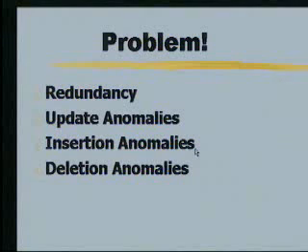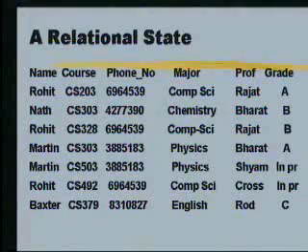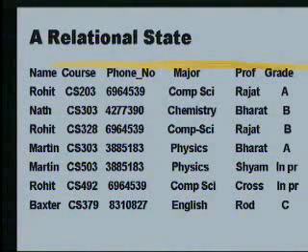Let us look into the next problem, which is insertion anomaly. What do I mean by insertion anomaly? Well, if I want to insert some information into my table, what will happen with it? Let's take an example of the same table. Let's say a course CS 500 is to be offered by Professor, let's say Shyam or Professor Ram.